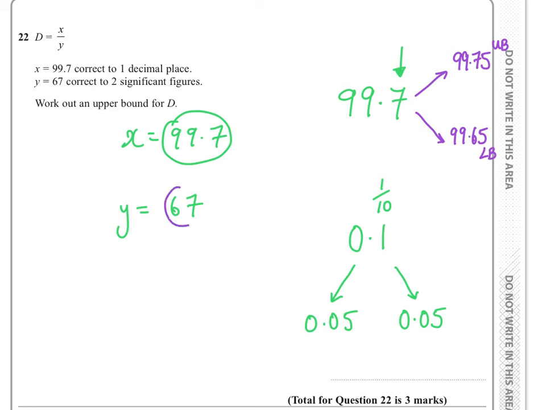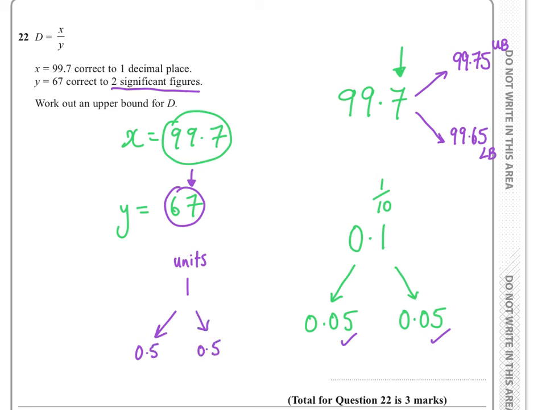With the number 67, as it's given to two significant figures, then we take this second significant figure here and we say, what does that 7 represent? Well, it represents units. So just like before, we split the unit in half and we get 0.5 each way.